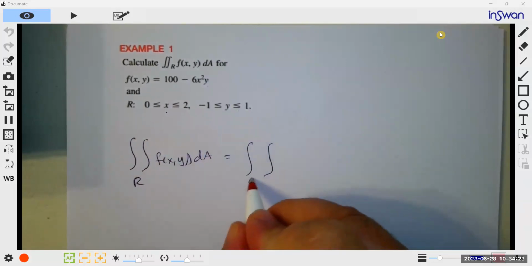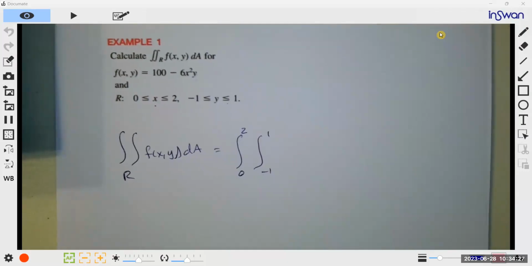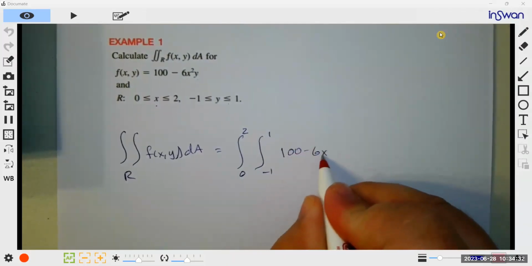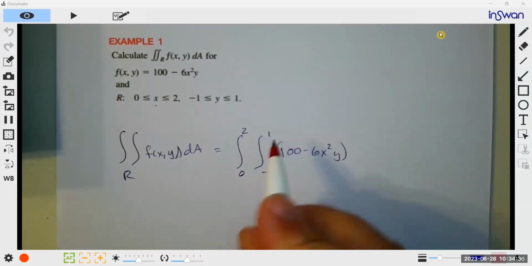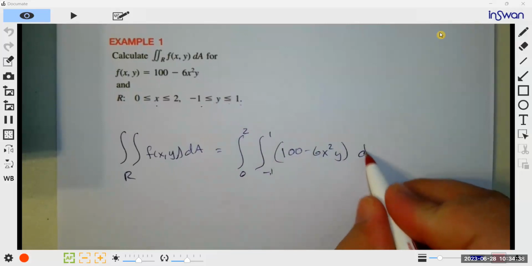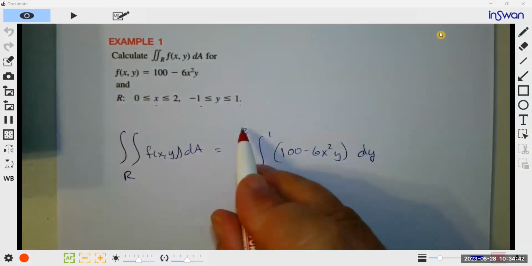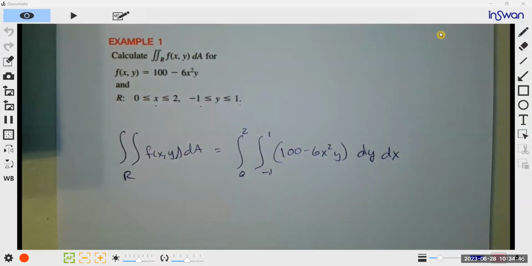So I'm going to say from 0 to 2, from -1 to 1. My function is 100 minus 6x squared y. Since I went from -1 to 1, I'm integrating with respect to y first, and then 0 to 2, I'm integrating with respect to x second.